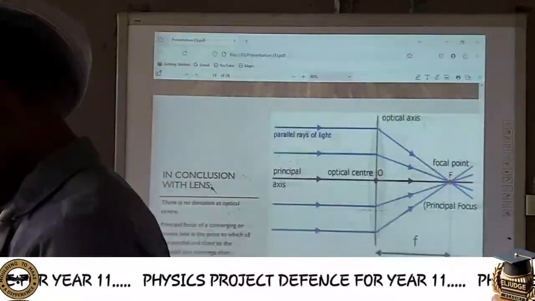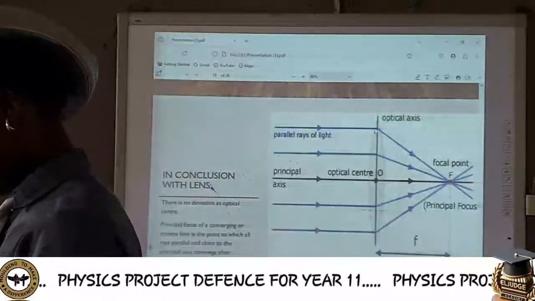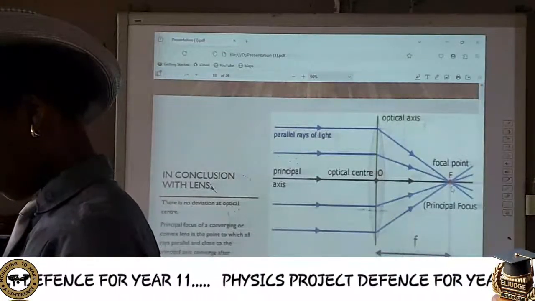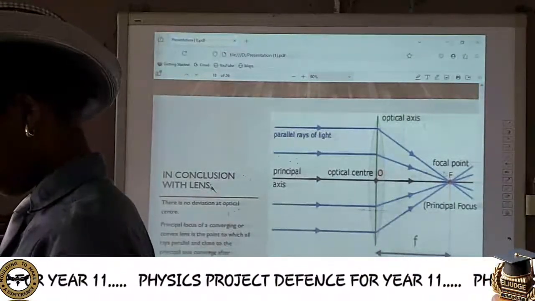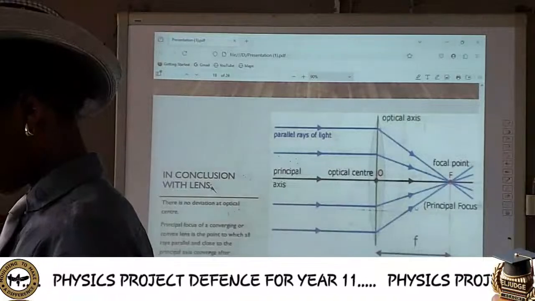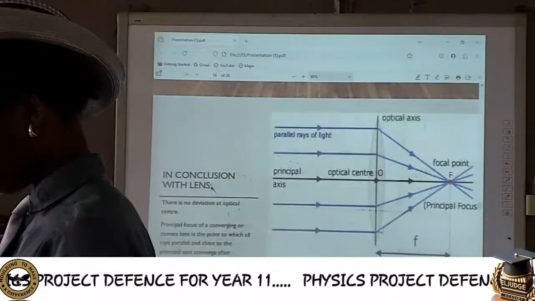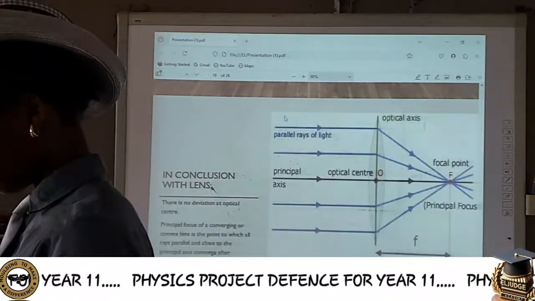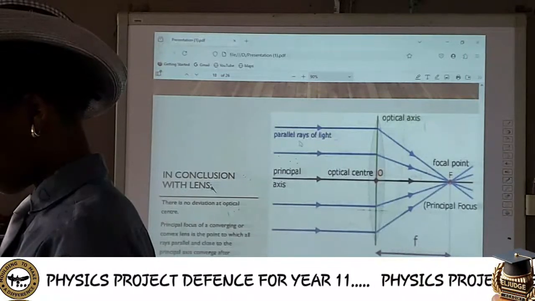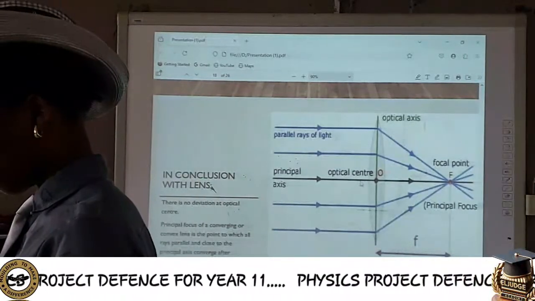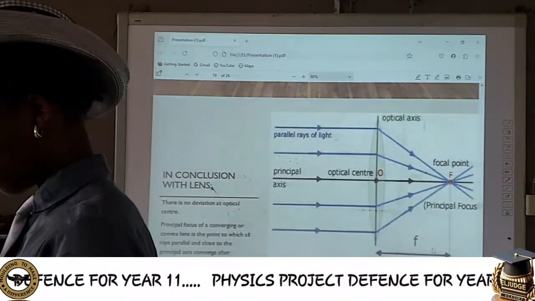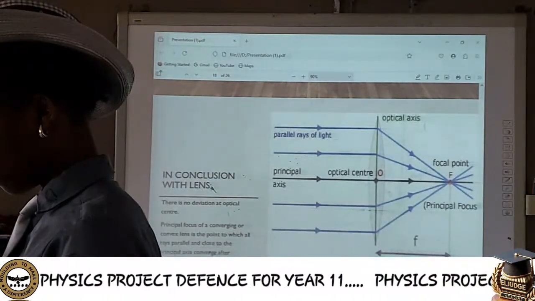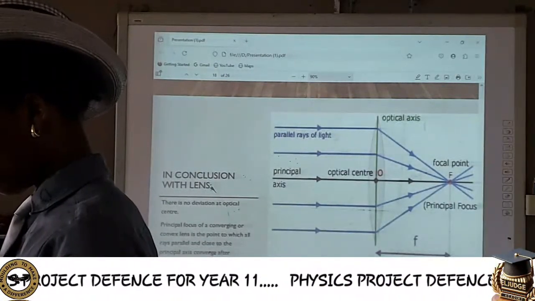Any ray parallel to the principal axis, after refraction, will pass through the focal point, and any ray passing through the focal point, after refraction, will be parallel. Then any ray that passes through the optical center will remain undeviated. These are things we are supposed to have seen.